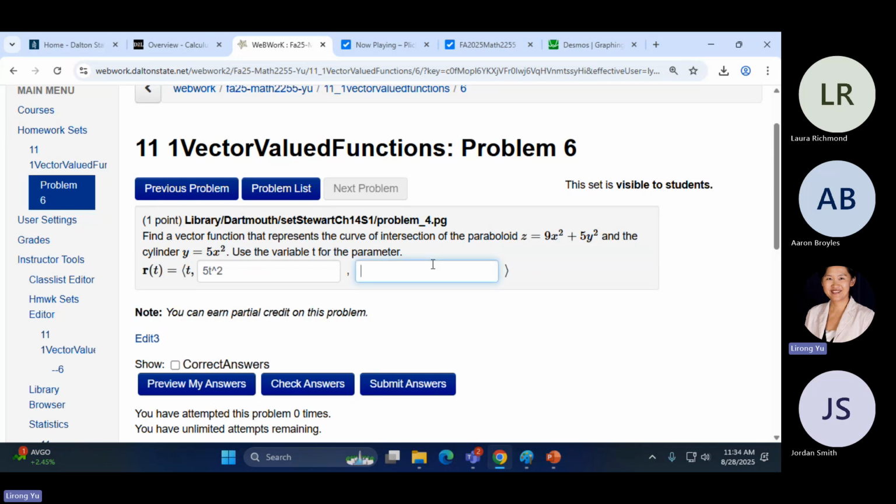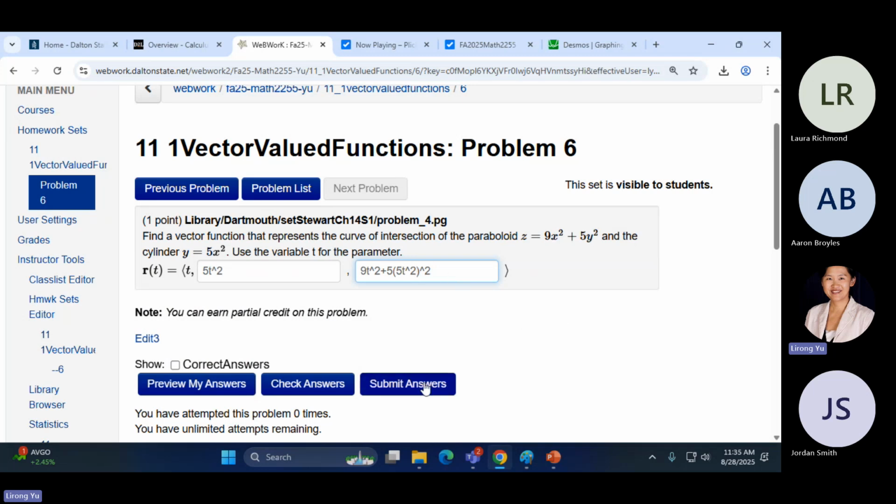Now the z value: x equals t already, so 9t squared plus 5y squared, but y equals 5t squared, so we put 5t squared in place of y.